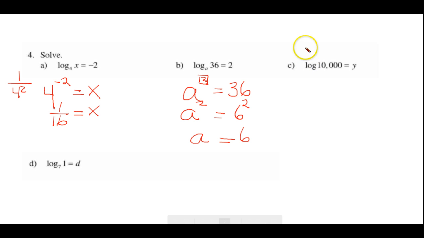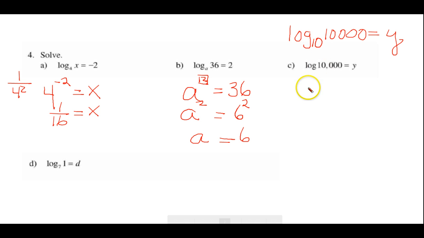Now, here's a case where background is needed, and we have the log of 10,000 equals y, and there is no base. Well, this is our common log that we use often in mathematics, and that's common log base 10. If it's base 10, we don't write it usually. Okay?